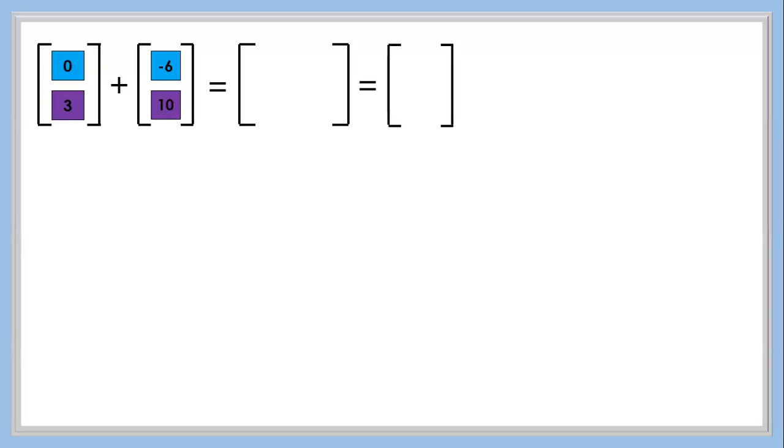So when we add matrices of the same order, we add the first member in the first matrix with the first member in the second matrix. So 0 plus -6 gives -6. So we can add second with second.